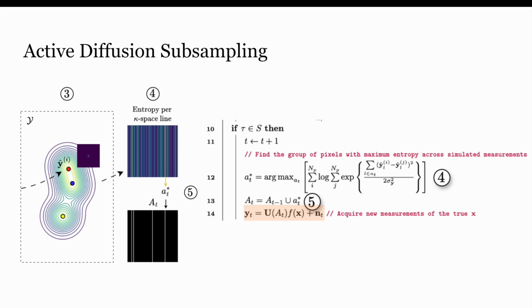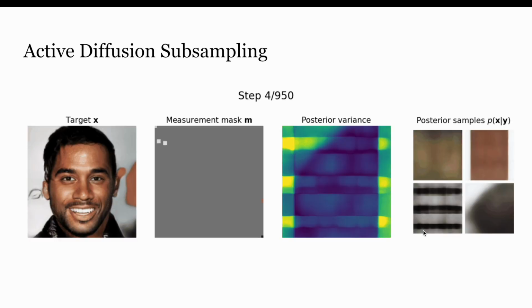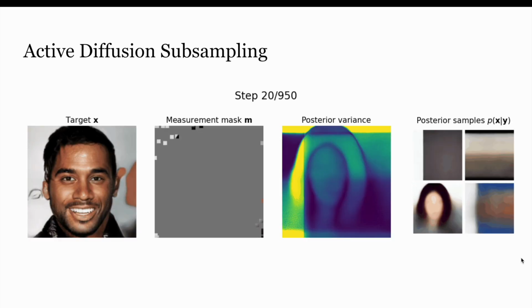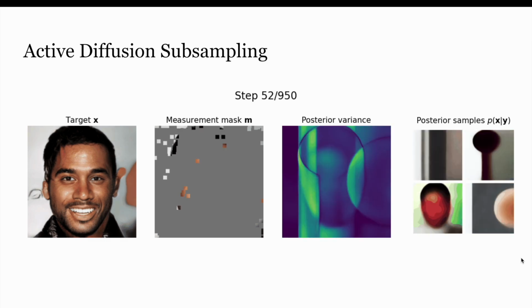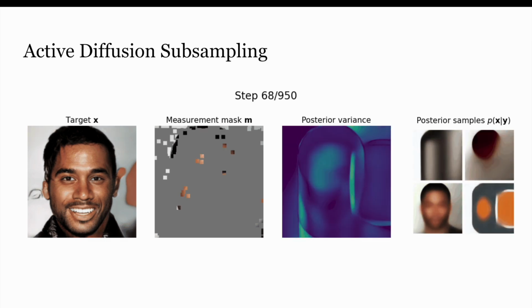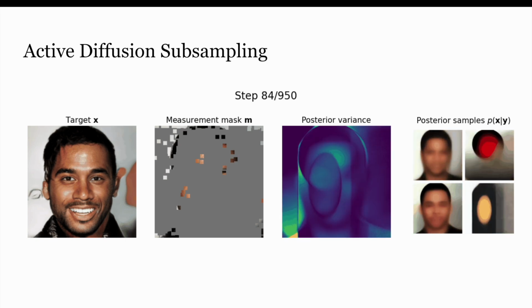So Y_t here refers to the set of all the measurements we've acquired so far, but in reality, with a sensing device like an MRI machine, we will just be acquiring this new measurement at A star t. And that covers the main pseudocode of the algorithm. We also have actual code on GitHub, which I'll link to later.